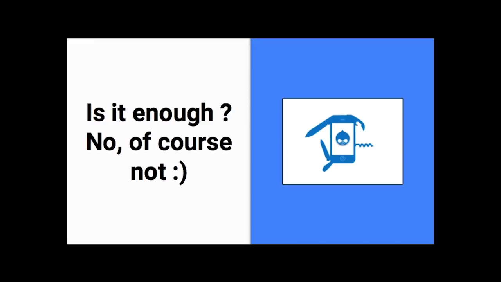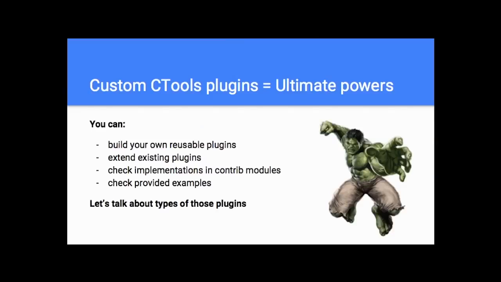There are a lot of options, but if it's not enough, then custom plugins come to our rescue. And we can build them very easily, and I will show you in a second that it's not so hard to build custom plugins, and I will explain later why we should take care of those plugins as a step before Drupal 8.